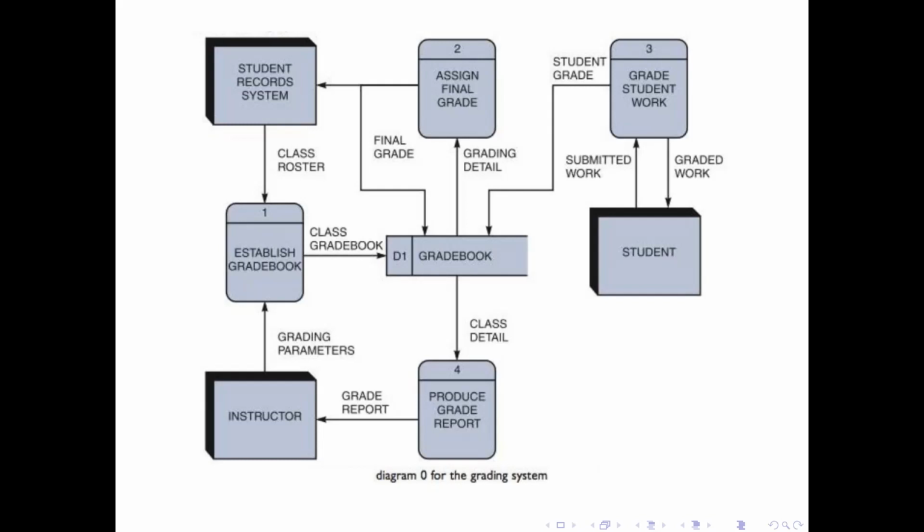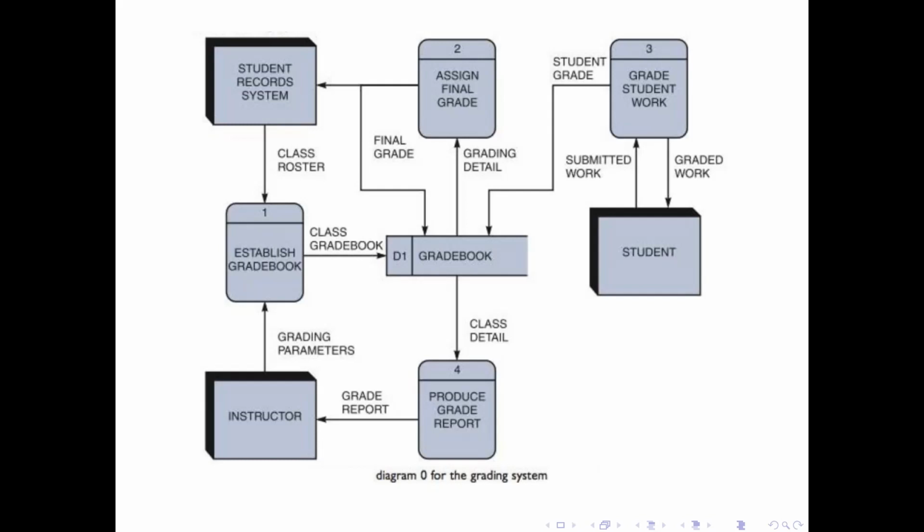And finally, all the class details are taken from the grade book data store, and then the grade report will be available for the instructor. So this is one way of looking at what is happening one level down.